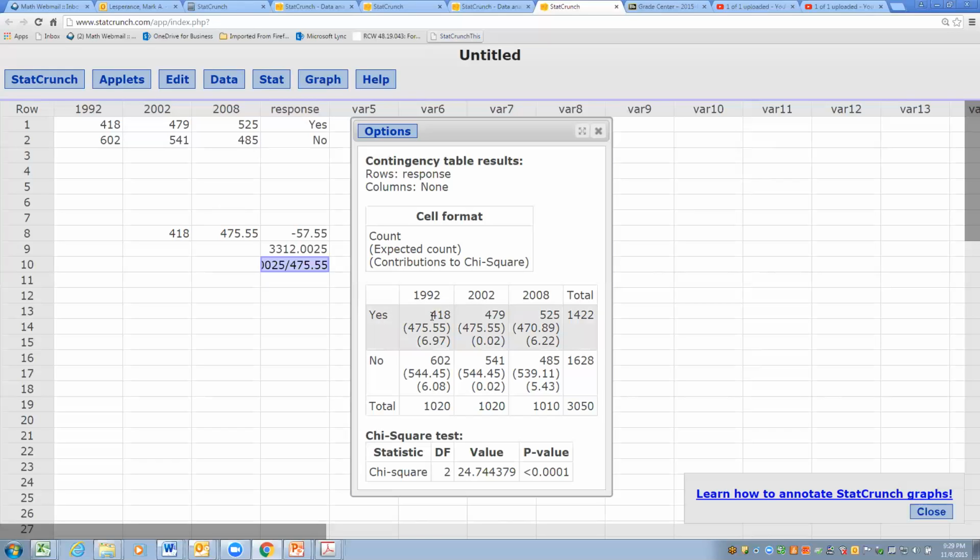So this value is observed minus expected, quantity squared, divided by expected. If I add up all of those contributions to chi-square, I get this chi-squared test statistic of 24.74. I see the p-value is less than 0.001.